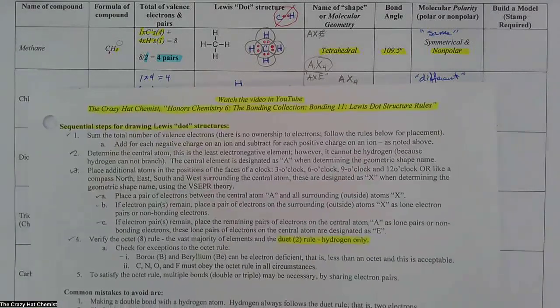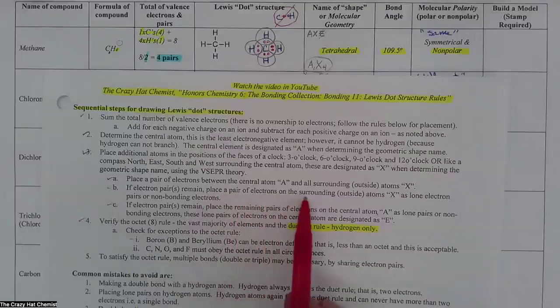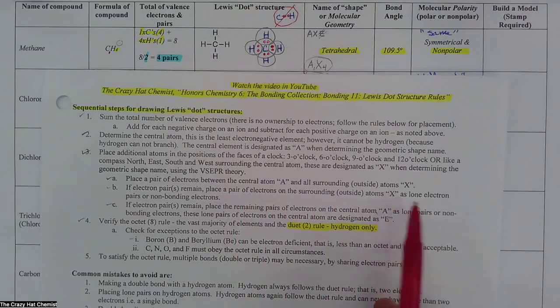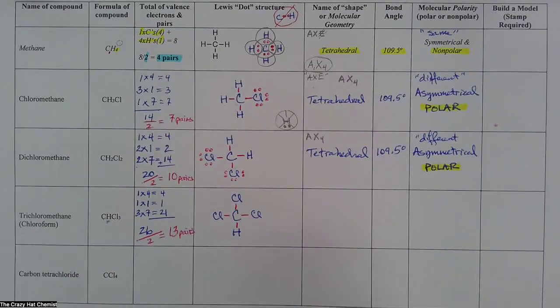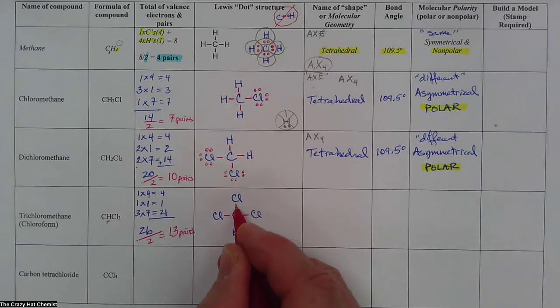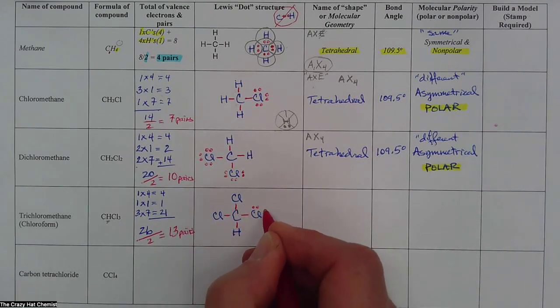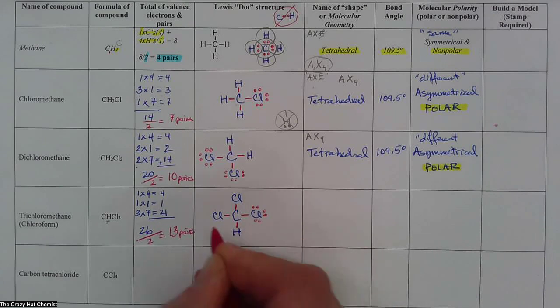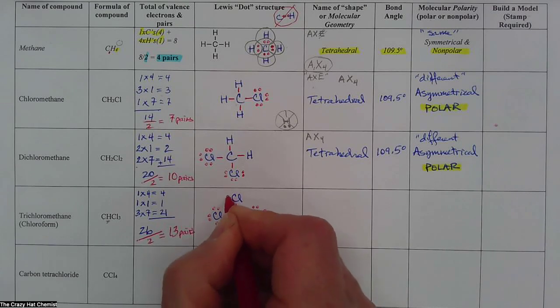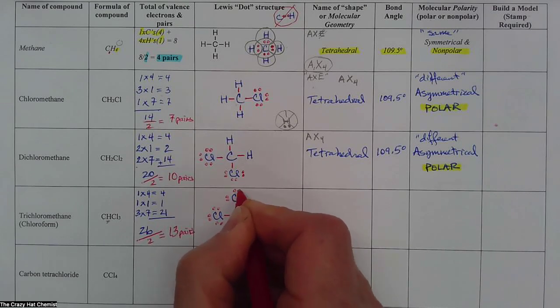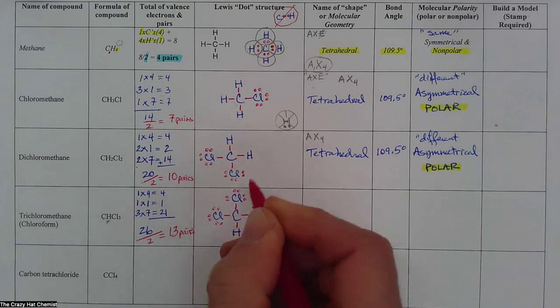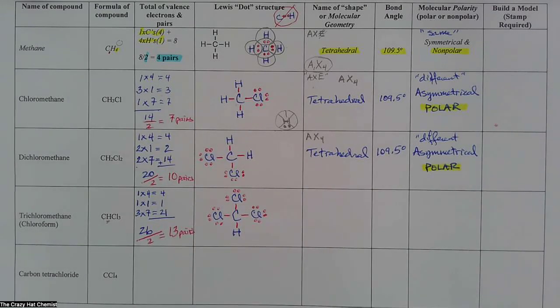The next rule is to place pairs of electrons on the outside atoms as the X atoms, and these are lone pairs. So I've used up 1, 2, 3, 4, 5, 6, 7, 8, 9, 10, 11, 12, and finally 13 pairs of electrons. Do we have any more electrons?